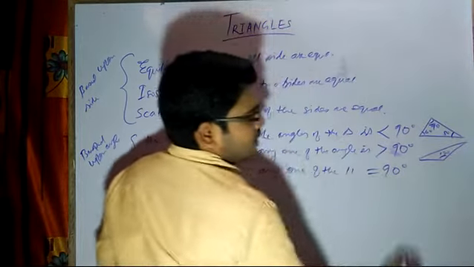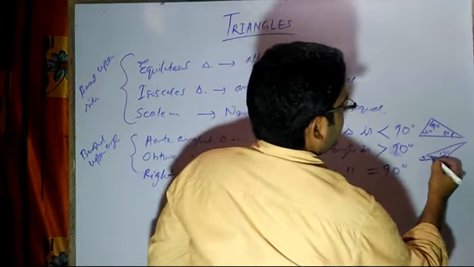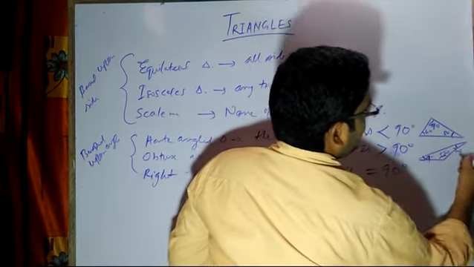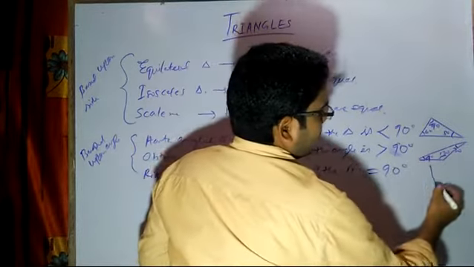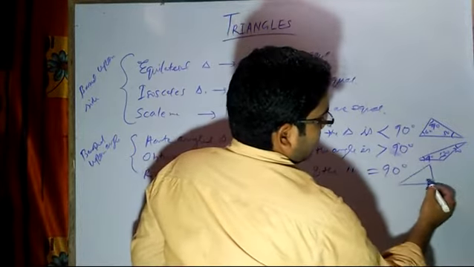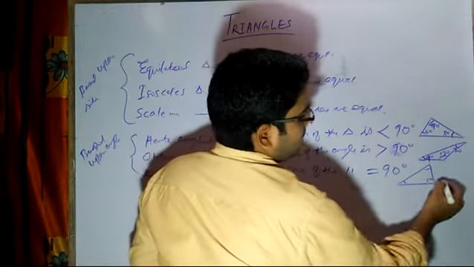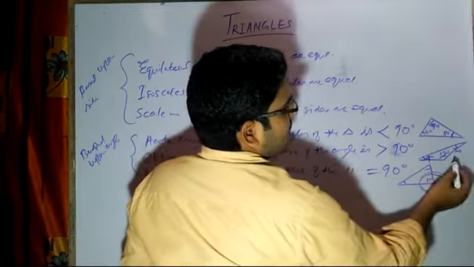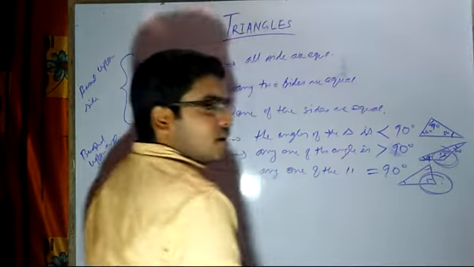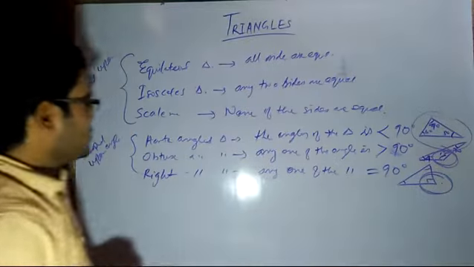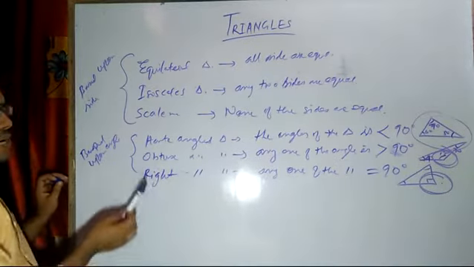Suppose 120 degree, then the remaining angles you can say 30 degree, or 40 degree, and this will be equal to 20 degree. Now in a right angle triangle, one of the angles will be 90. These two angles can be of any measurement. So the important thing is one of the angles should be 90 degree, one of the angles should be greater than 90 degree, and all the angles should be less than 90 degree. So this is the example of acute angle, obtuse angle and right angle.